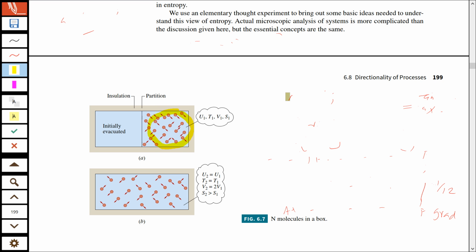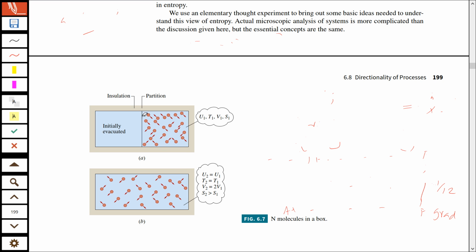And let's assume ideal gas for simplicity, okay? And you see some properties. This is the microscopic world, and the macroscopic properties you see, let's say U1 is the internal energy, T1 temperature, V1 is the volume, S1 is the entropy. ठीक हो गया?